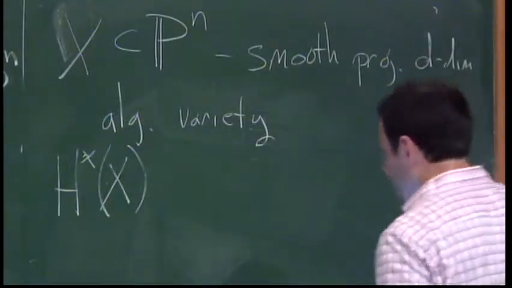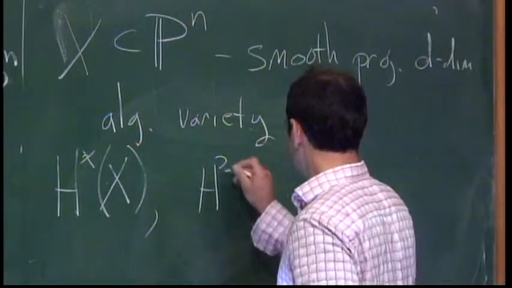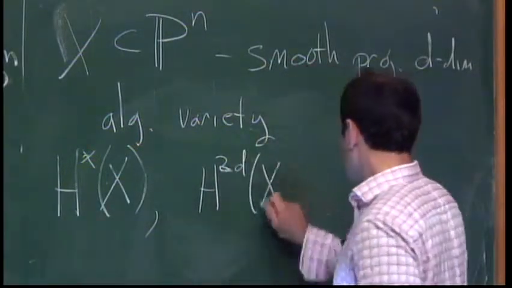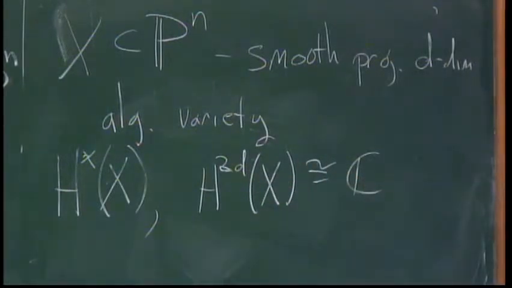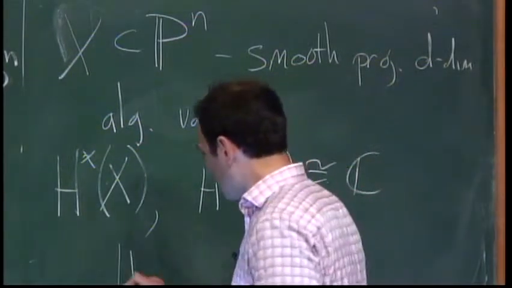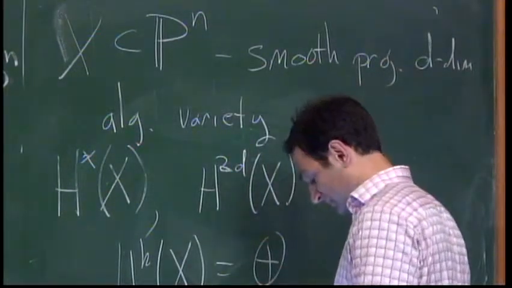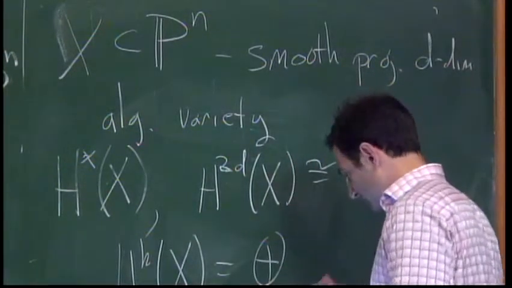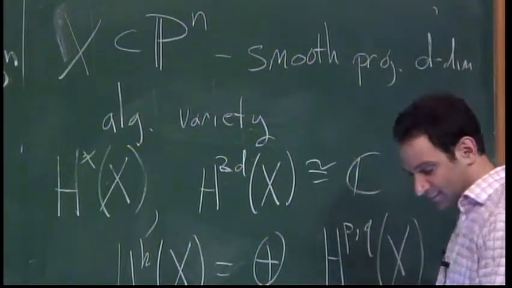Its top dimensional piece is one-dimensional. Let's use C coefficients here. And it has a Hodge decomposition into the p,q bits.